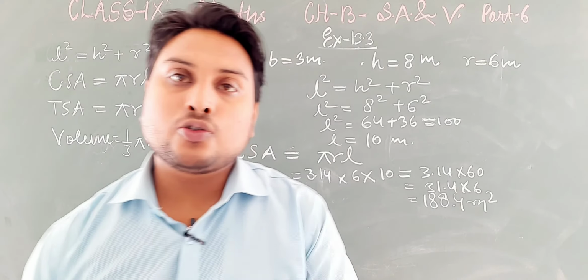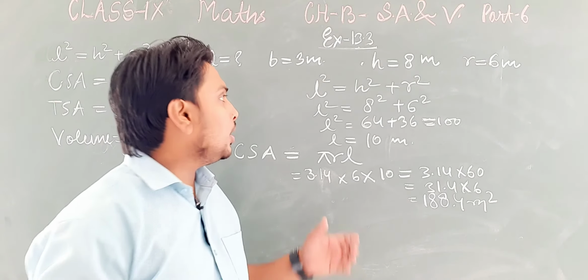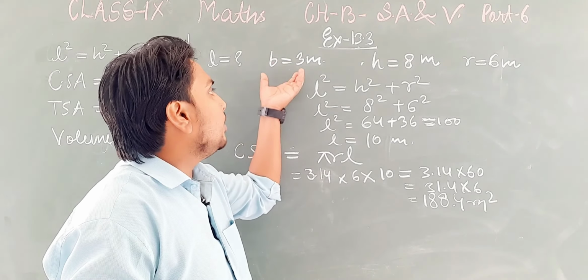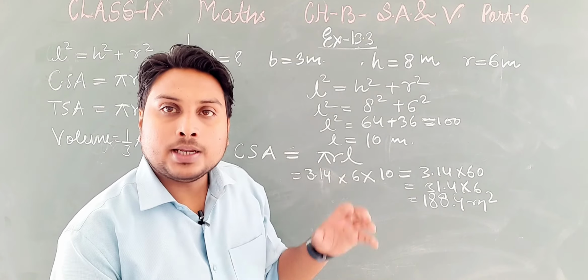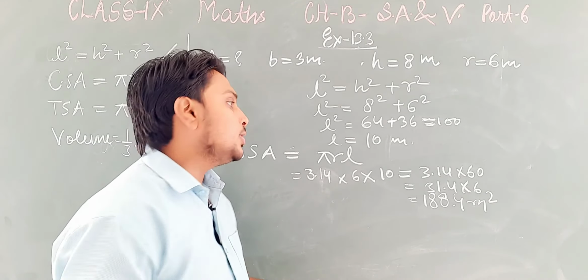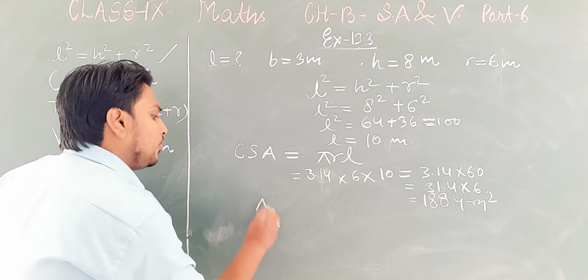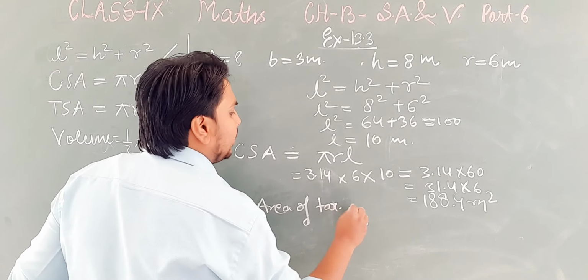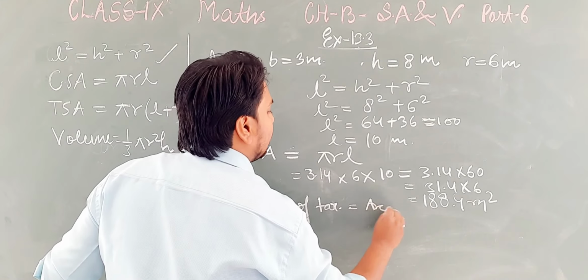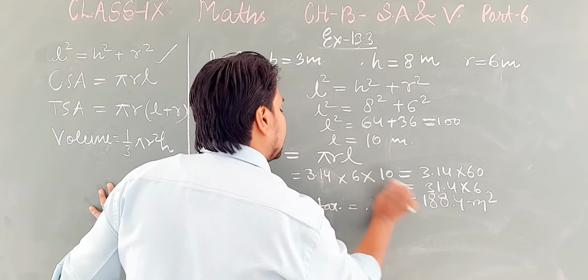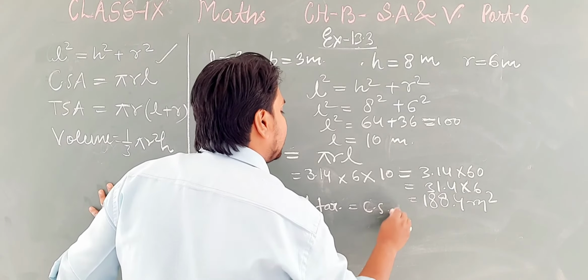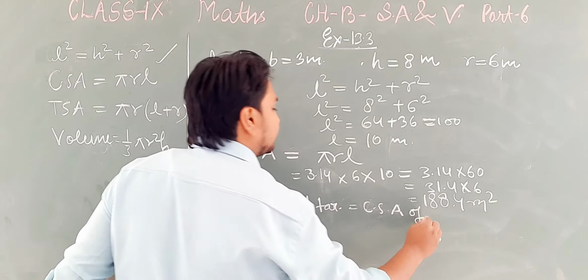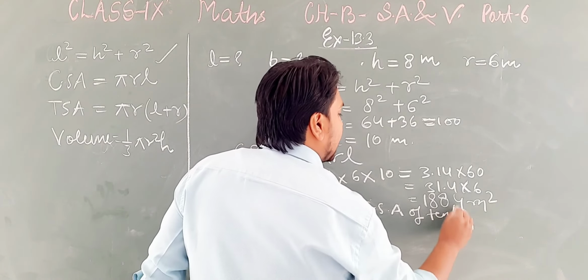Now students, try to understand the concept. The length and breadth of the tarpaulin is given, and by that tarpaulin one cone is made. So the concept is that the area of tarpaulin will be equal to the curved surface area of the tent.